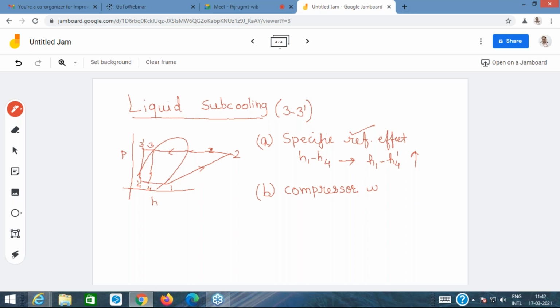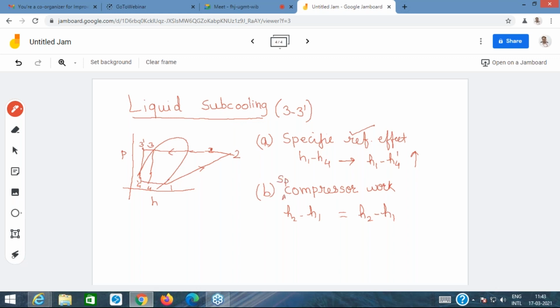The specific compressor work earlier, that is in the saturation cycle, was H2 minus H1. And it remains unchanged, H2 minus H1, even in the modified cycle. Even in the modified cycle, the locations of state 1 and state 2 remain unchanged, and hence the specific compressor work would remain the same.